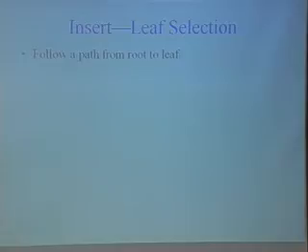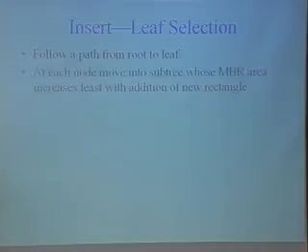So you're going to follow a path, and to guide you in the path to follow, it's a heuristic really: you take a look at your choices and say, well, if you moved into one of these subtrees and made the insert there, that would change the MBR for the collection of data stored there, and by how much would you change the MBR, the minimum bounding rectangle?